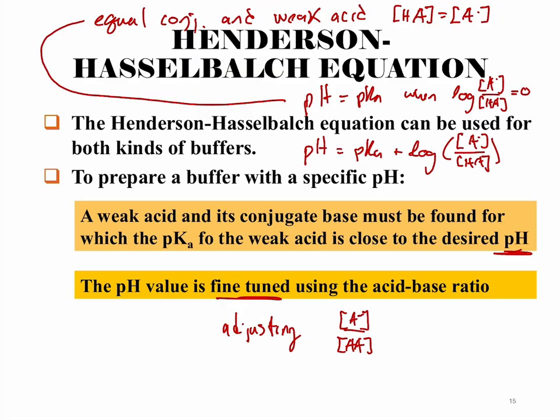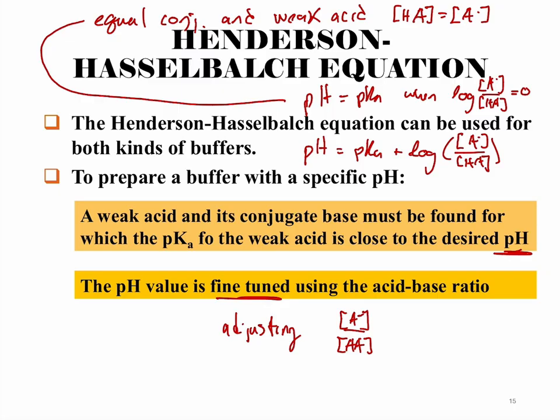So if we want to increase the pH from the pKa, I'll give you guys a second to write, then I'll go on to the next slide. If we want to increase the pH, what should we do with our buffer solution? How are we going to increase the pH?